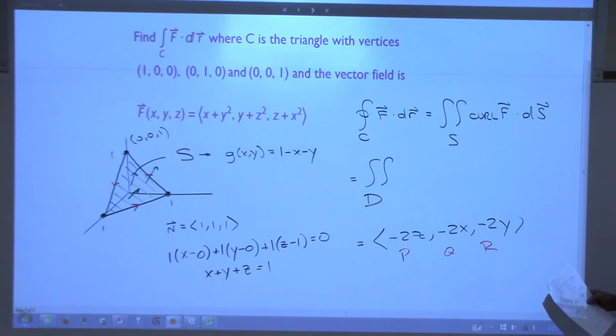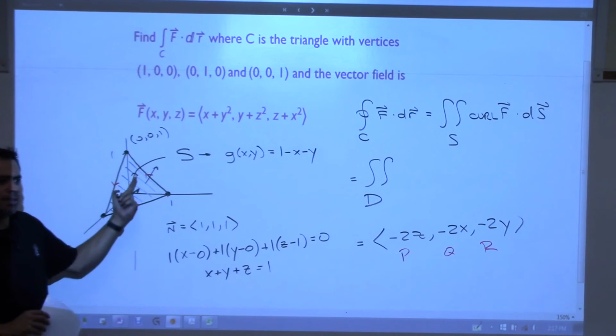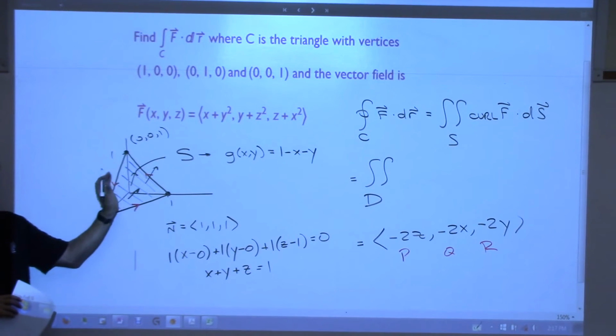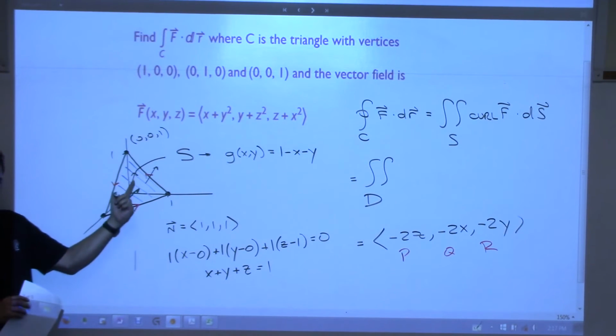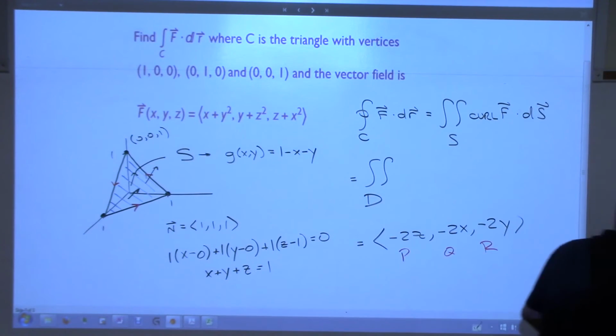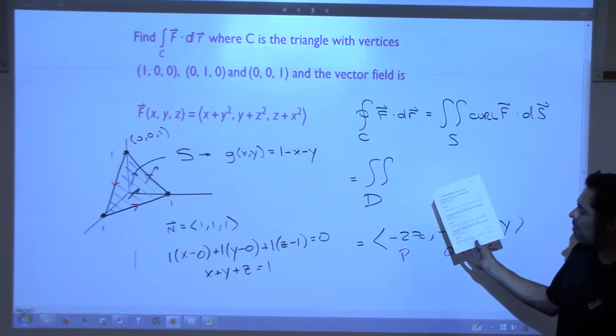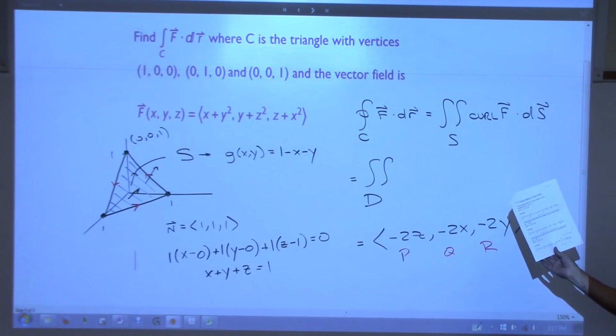All right, are we good? Y'all okay with the normals pointed upward? The z components of any vector on that plane in that octant are going to be pointed up a little bit. So I'm using the standard formula, which is negative P partial g with respect to x, minus Q partial g with respect to y, plus R dA.